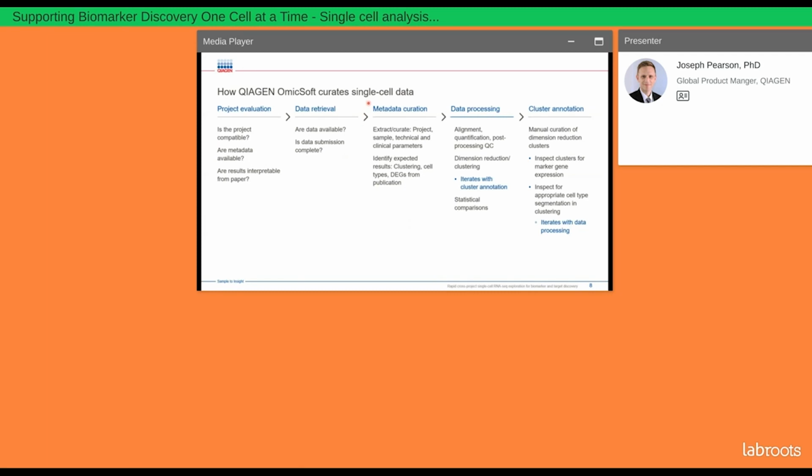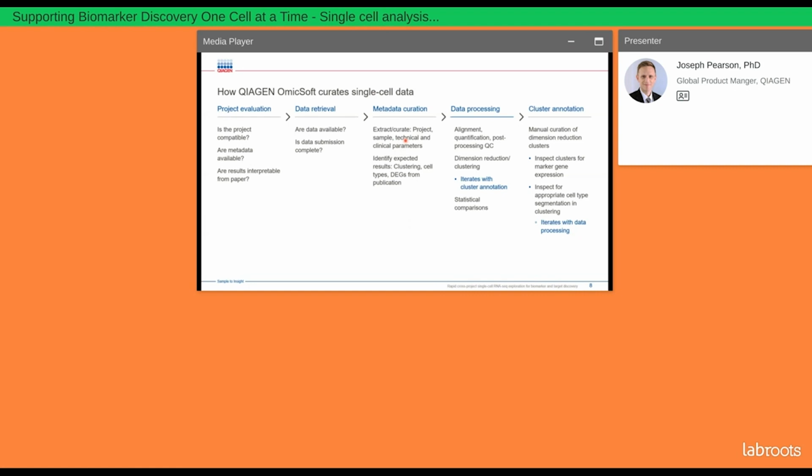and centralize and organize all of the metadata, including curating at the project level, the sample level, the technical parameters used for the experiment, as well as any of the clinical parameters available from the data submission into the repository, as well as clinical and sample parameters that might be found within the paper itself.